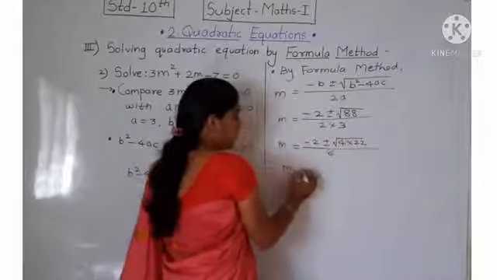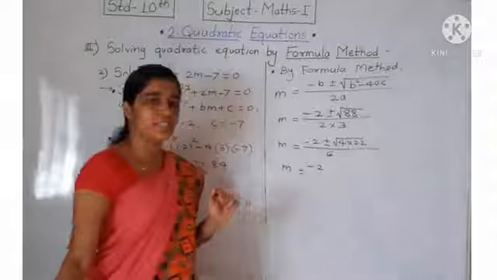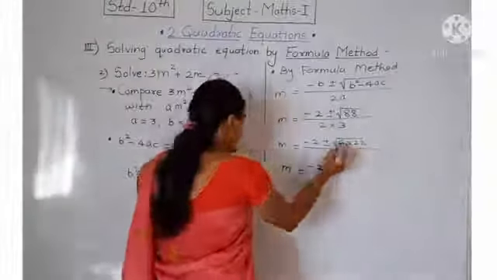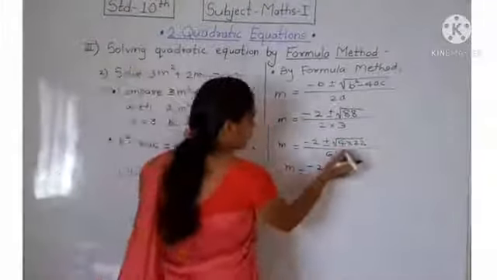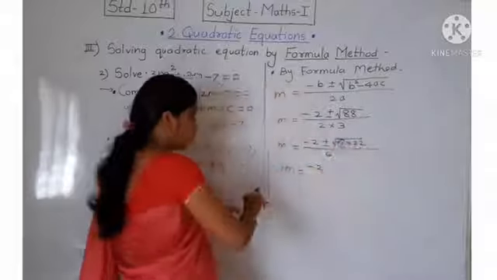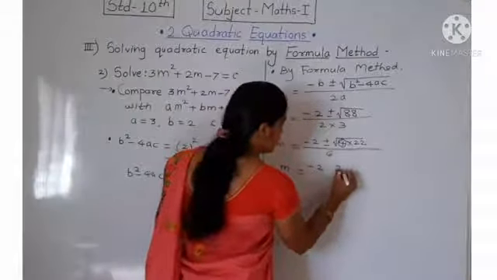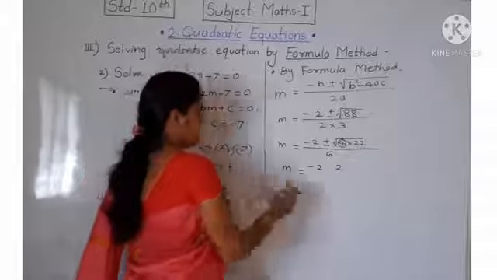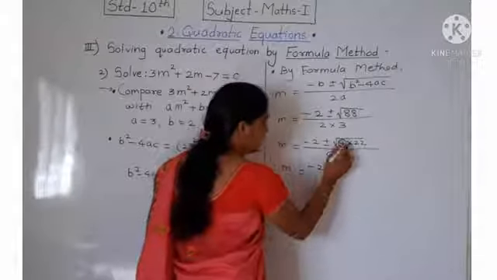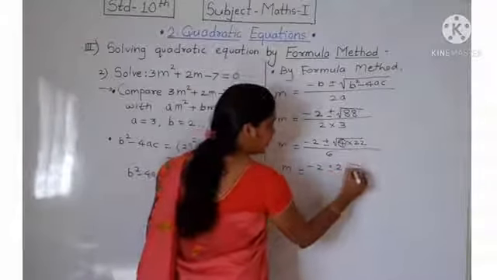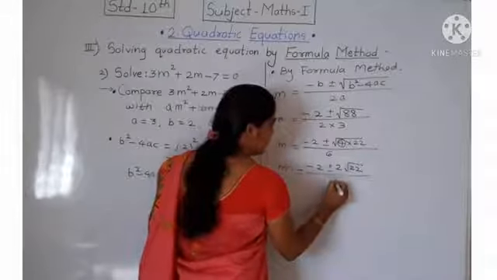So m is equal to minus 2 as it is. See here, what is the square root of 4? The square root of 4 is 2. Here I take the square root of 4 as 2 and root 22 as is, divided by 6.